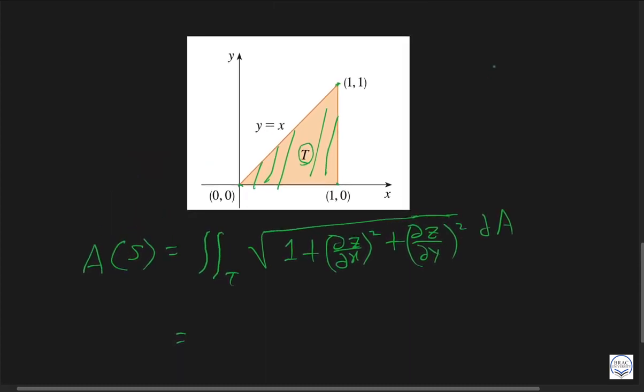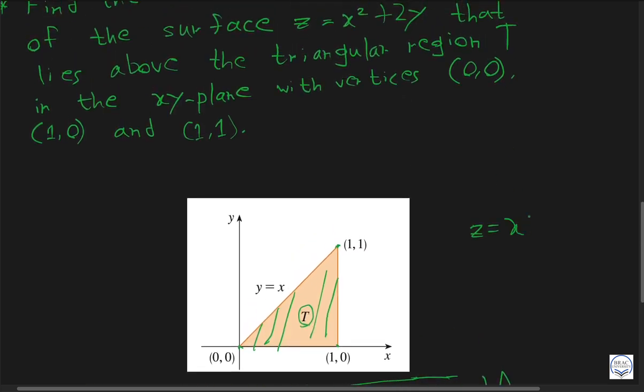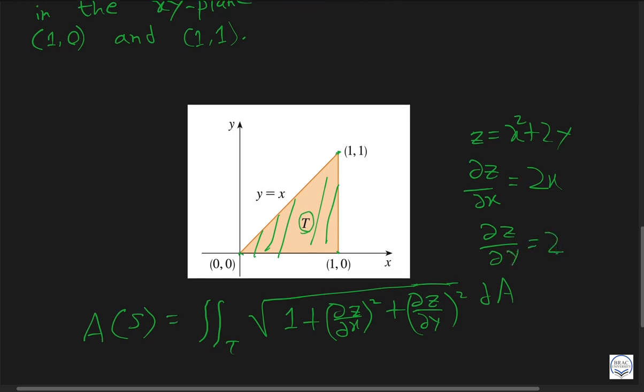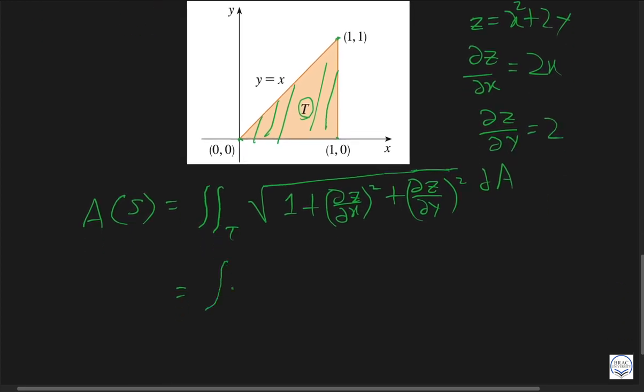So here we can use that z equals x squared plus twice y, and this means that partial z over partial x is equal to twice x, and partial z over partial y equals 2. This means that this will become the double integral over the region T of the square root of 1 plus 2x whole squared plus 2 squared, dA.